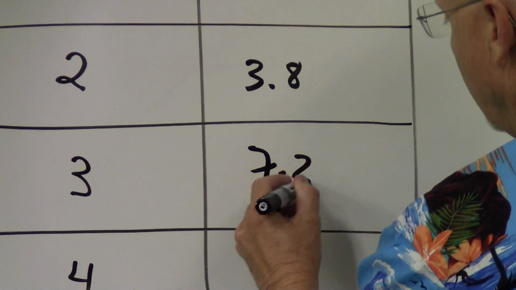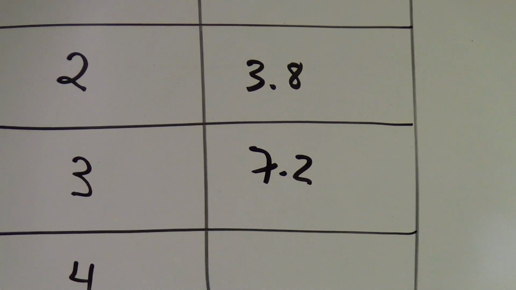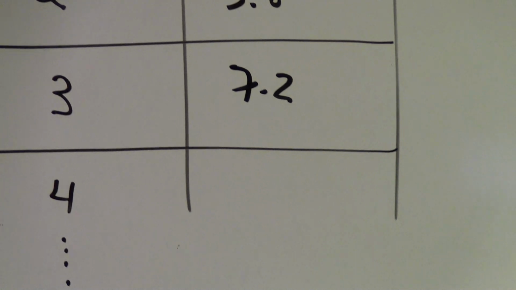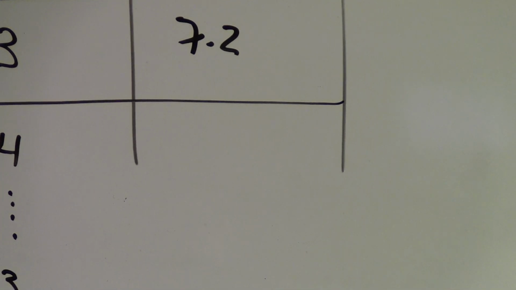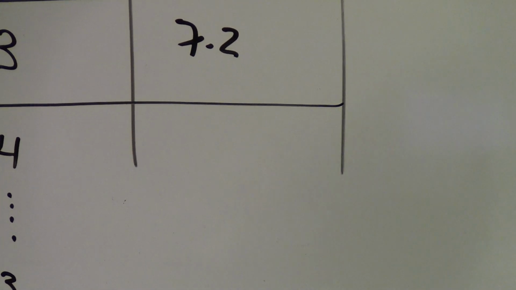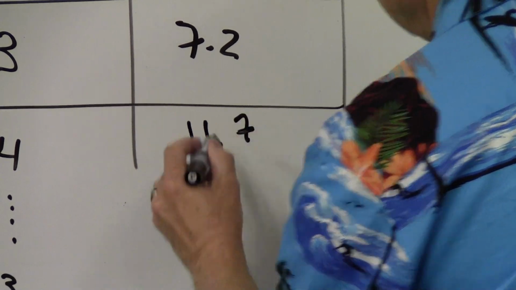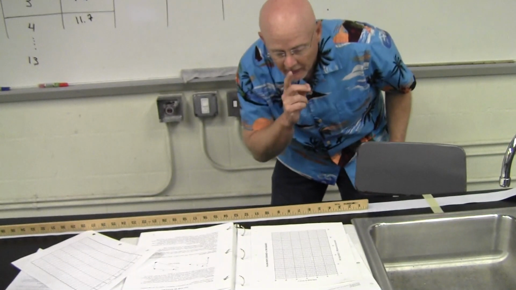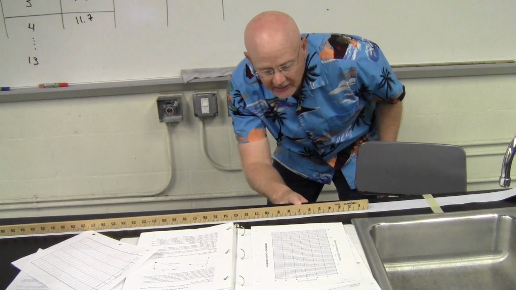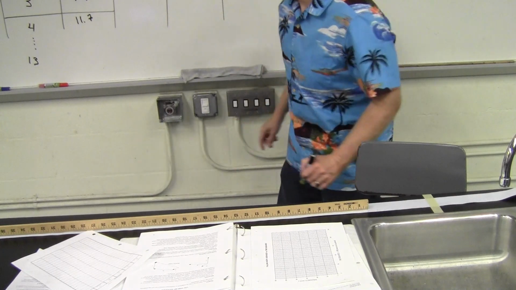So 7.2. The one after that looks like 11.7. Let me just check that one. Did I say 7? Yeah. The next one looks like about a 17.2.